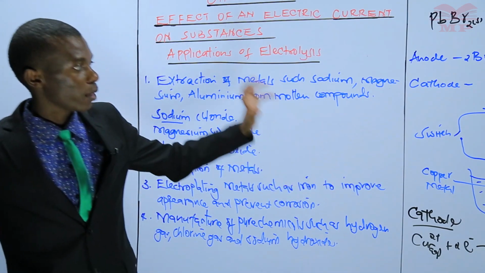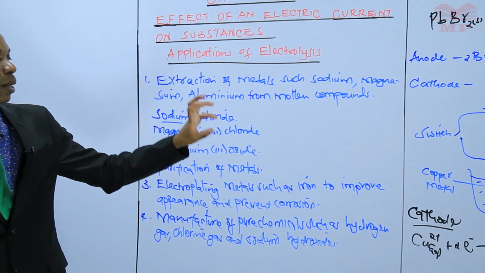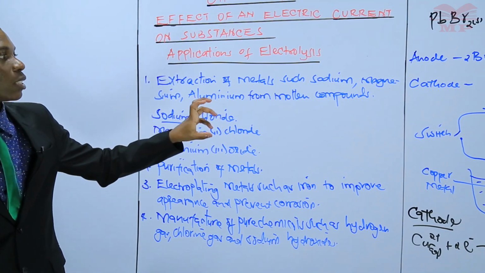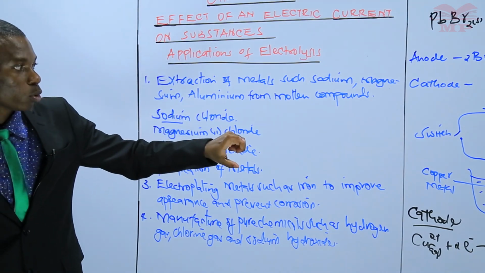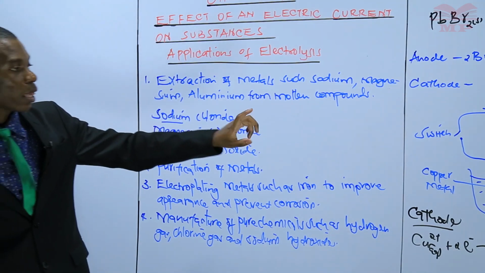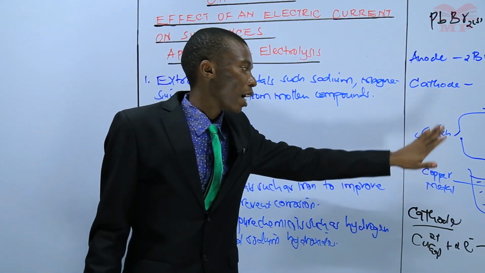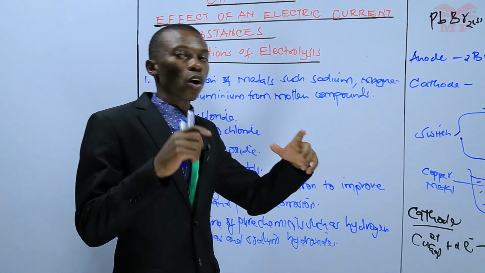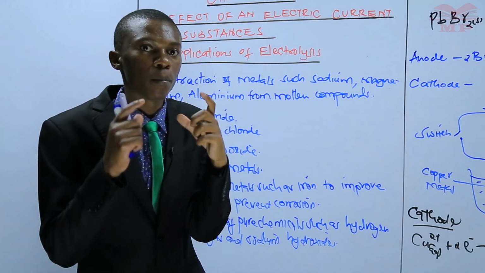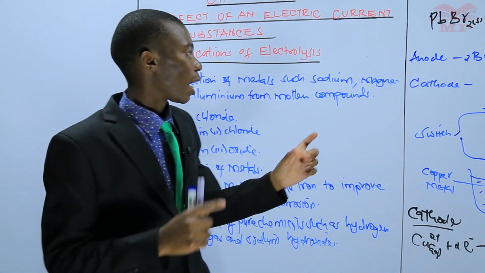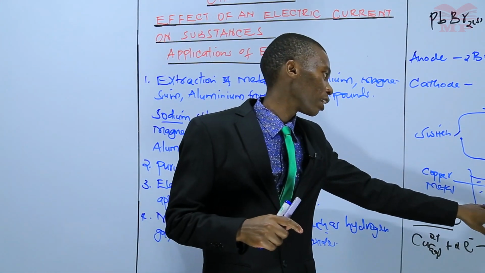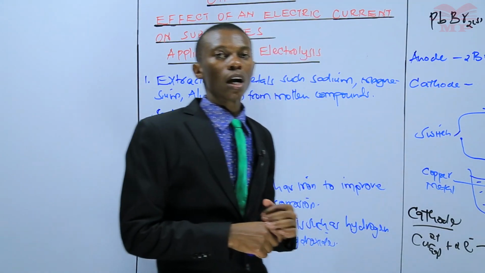I've explained to you that the metal to be electroplated should be made the cathode. Then the metal which is coating it is made the anode. And the solution should contain ions of the metal you are coating with, and in our case here, it was copper.